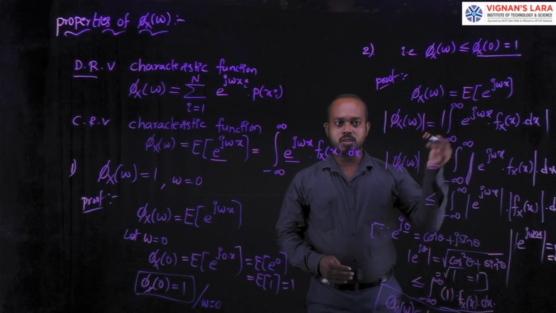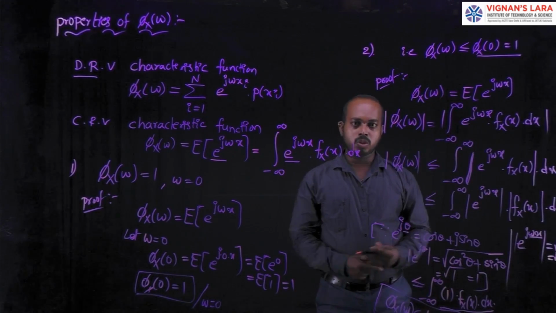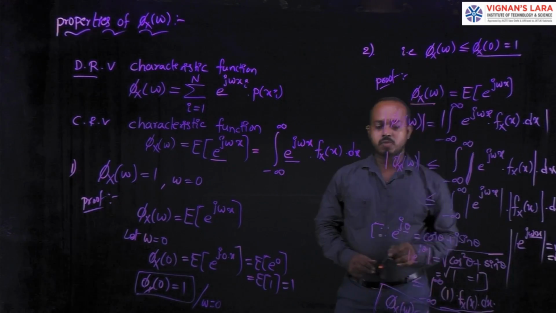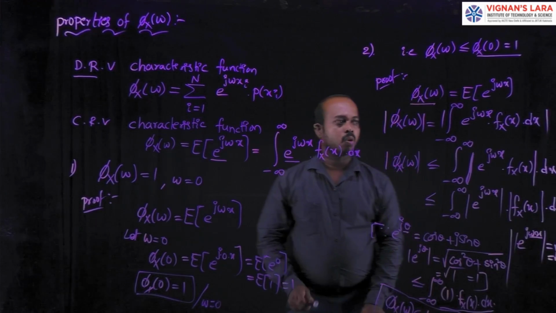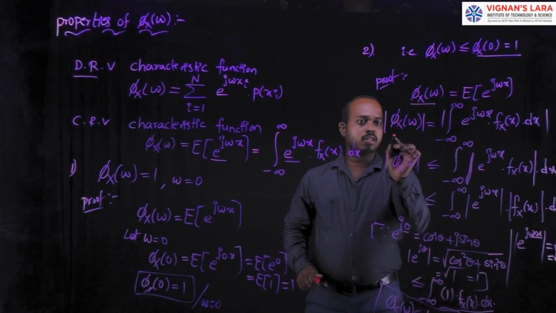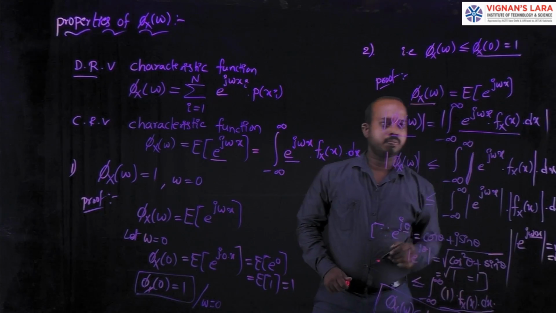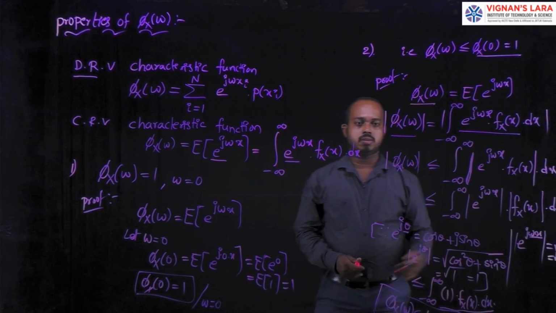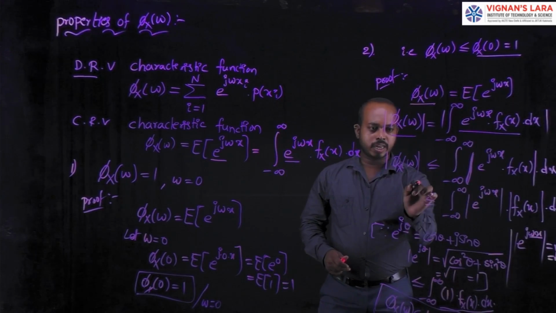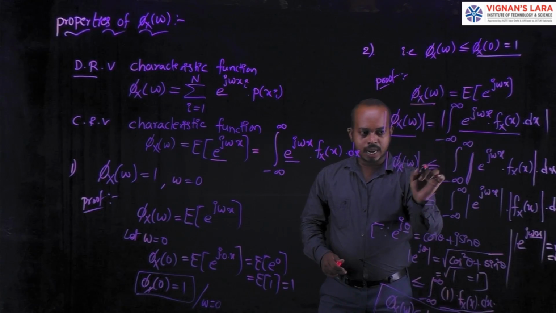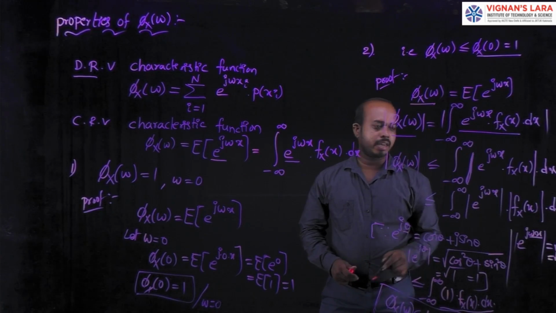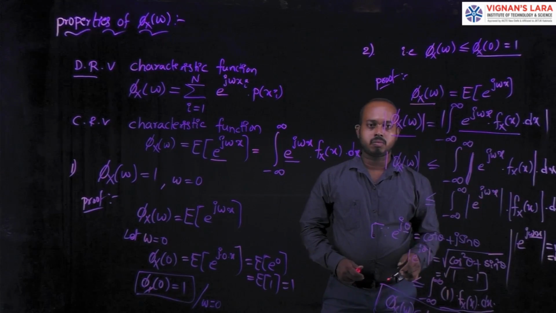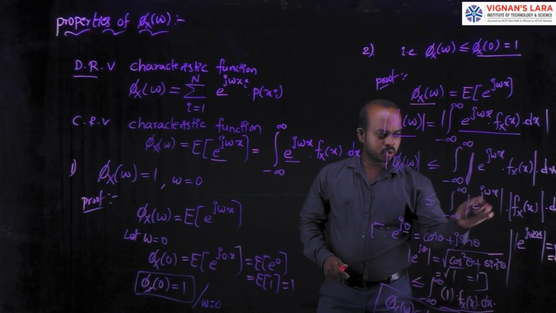To prove it, take the basic definition of the characteristic function for a continuous random variable. After that, take the modulus on both sides. When taking the modulus, the equal symbol becomes less than or equal. Then apply the modulus condition on each and every term, here on this complex number.